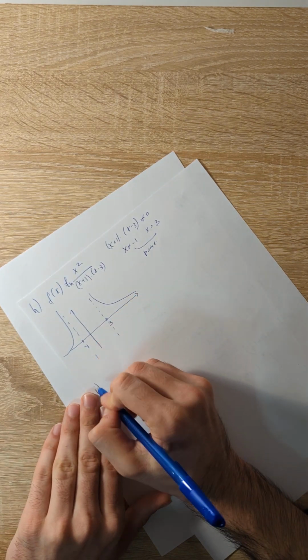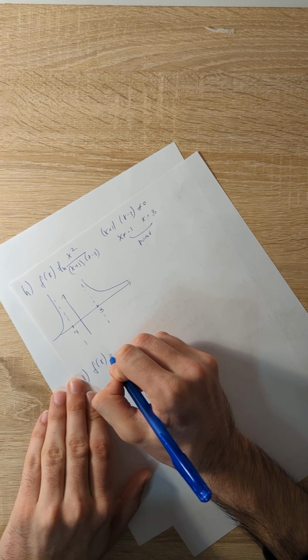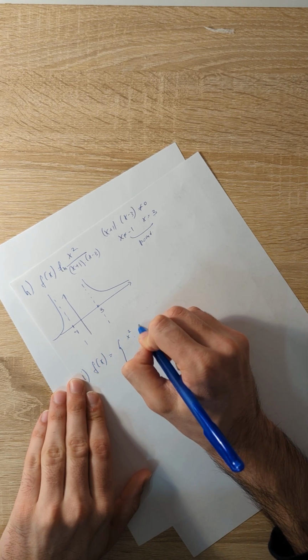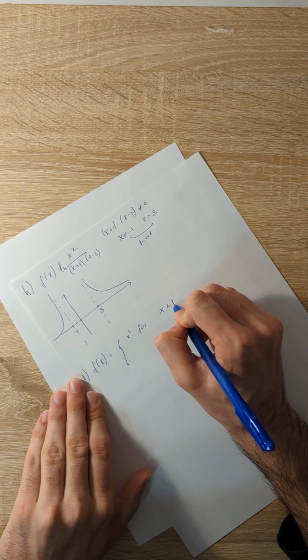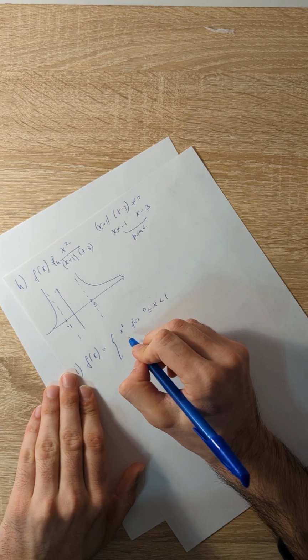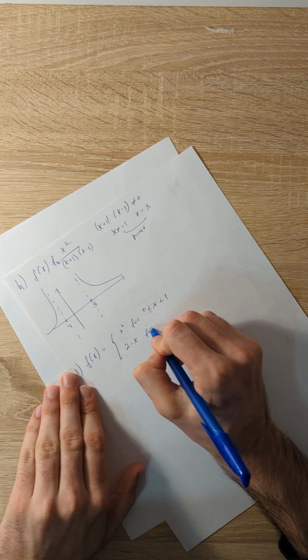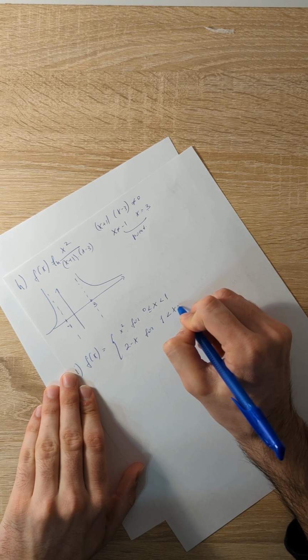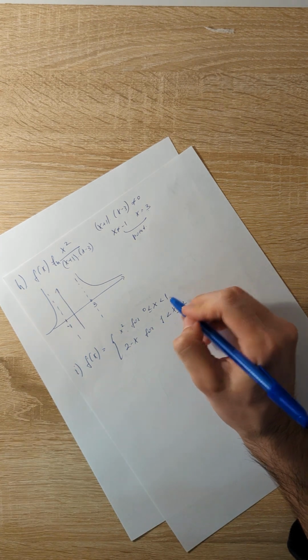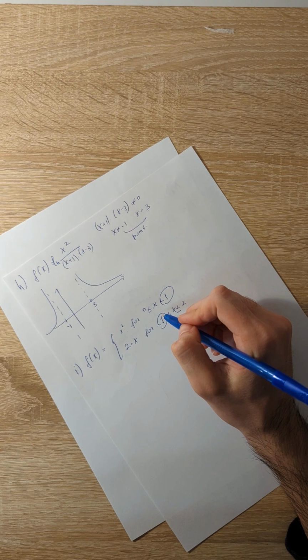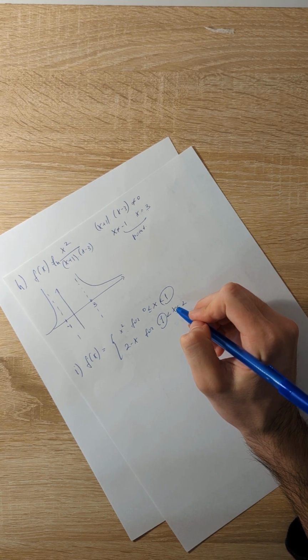The i example is that f(x) equals x cubed for x less than 1 and equal to or bigger than 0, and 2 minus x for 1 less than x, up to 2. So here we see that x equals 1 is not defined.